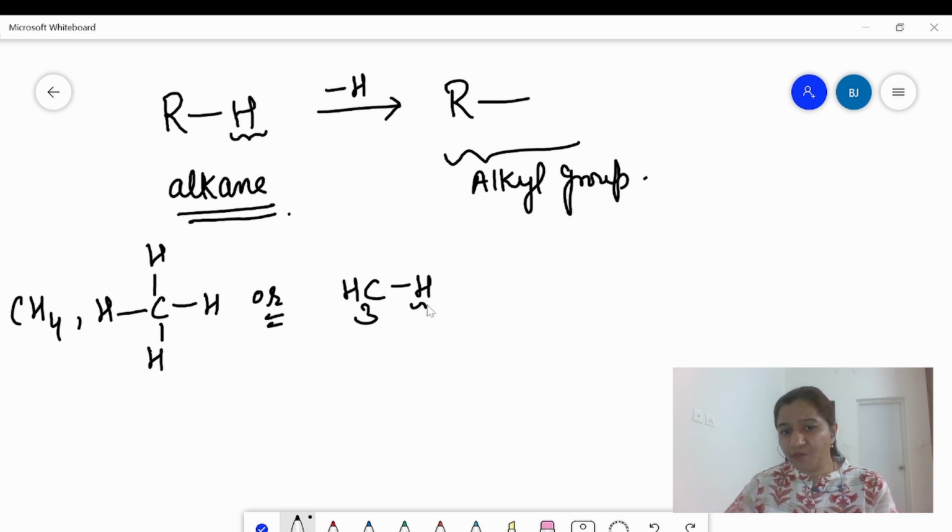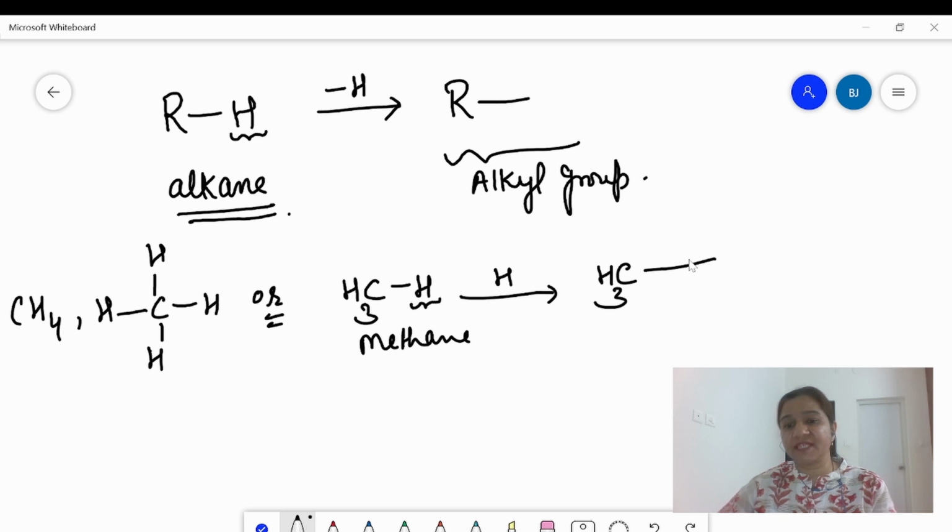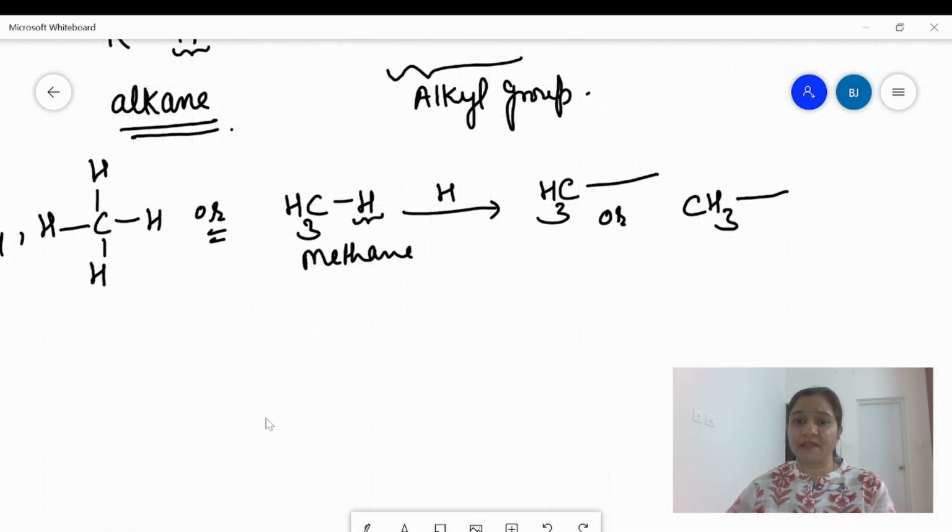Now, I am removing this hydrogen. What will be left behind? You will get CH3 with a free valency. Whether we write CH3 free valency like this or like that doesn't matter, as they are the same thing. What do you call this group?